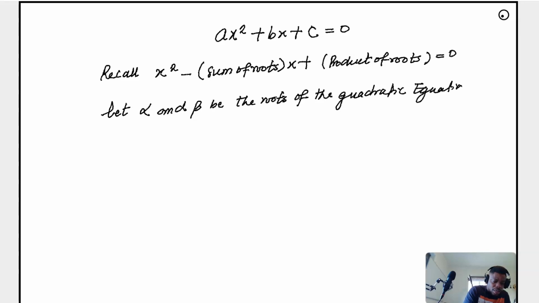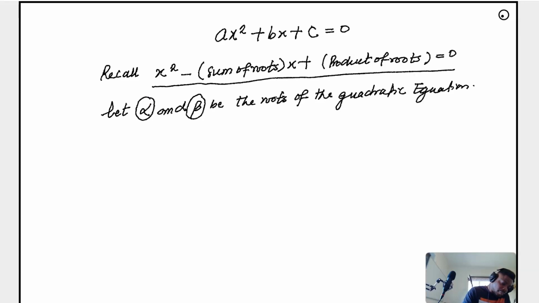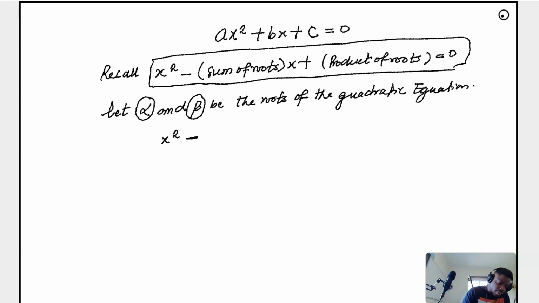Okay, so our roots here, we are assuming that they are alpha and beta. So let's put alpha and beta in this formula here. So we have x squared minus sum of roots, which means alpha plus beta because it is sum.